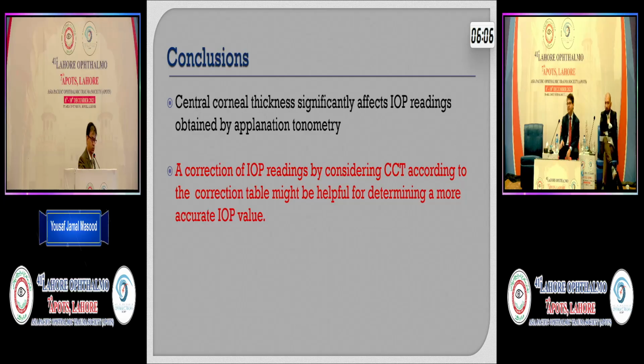So their conclusions were that CCT significantly affects the IOP readings obtained by applanation tonometry. And a correction of IOP readings by considering CCT according to a correction table might be helpful for determining the accurate value. But we will see in a later slide that might not be possible, because there is no such correction factor which is universal to everything.